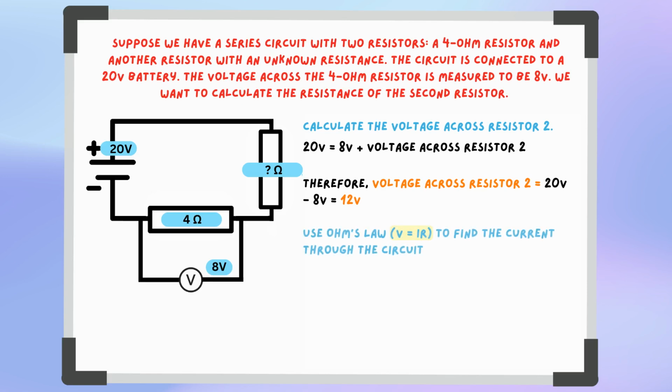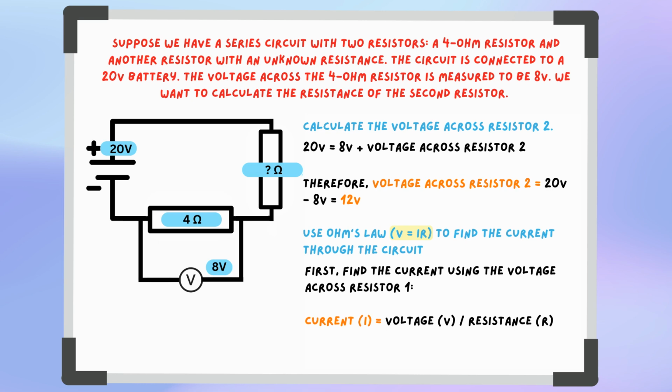Next, we use Ohm's law, voltage equals current multiplied by resistance, to find the current through the circuit. First, we find the current using the voltage across resistor 1. Current is equal to voltage divided by resistance. Substituting in our values, this gives us 8 volts divided by 4 ohms, which equals 2 amps.